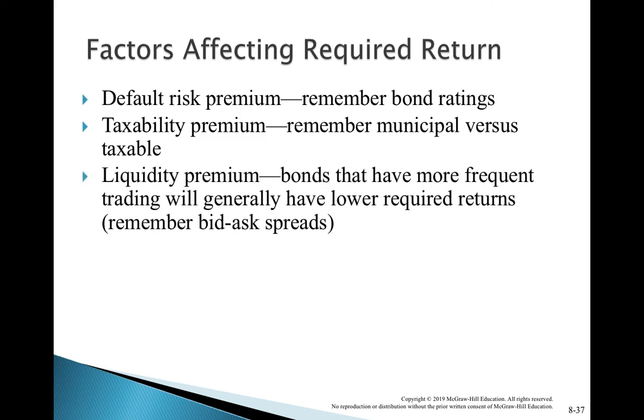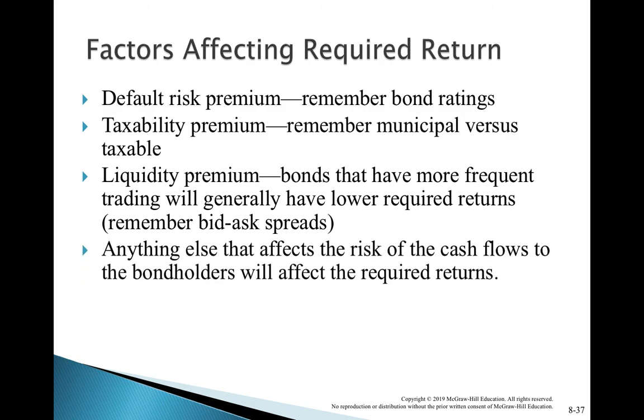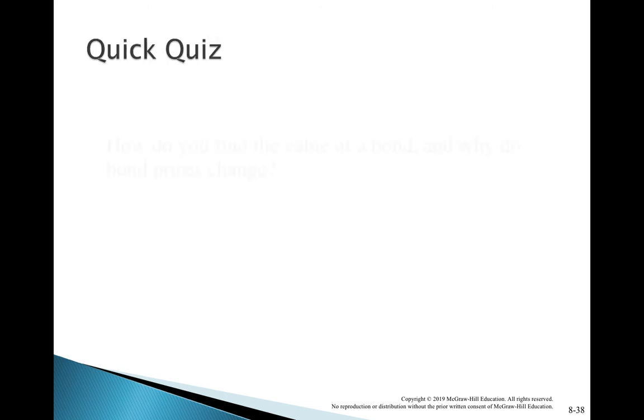Liquidity premium: these are the factors affecting the required rate. Bonds that are more frequently traded will generally have lower liquidity premiums, because the bid-ask spread will be very low. Anything else that affects the risk of the cash flows to the bondholder will affect the required returns.